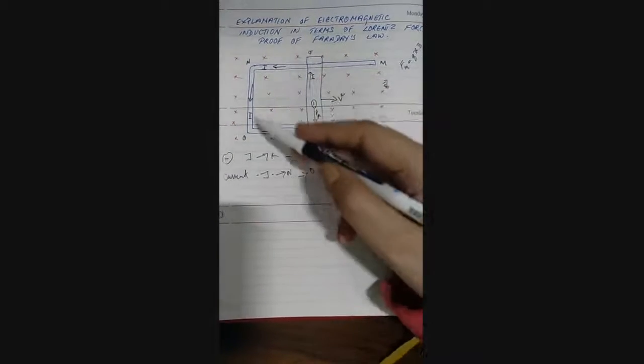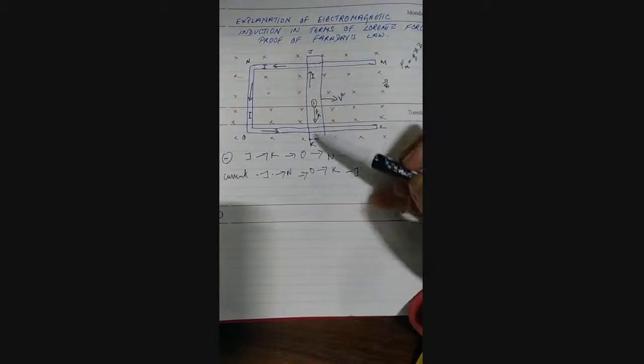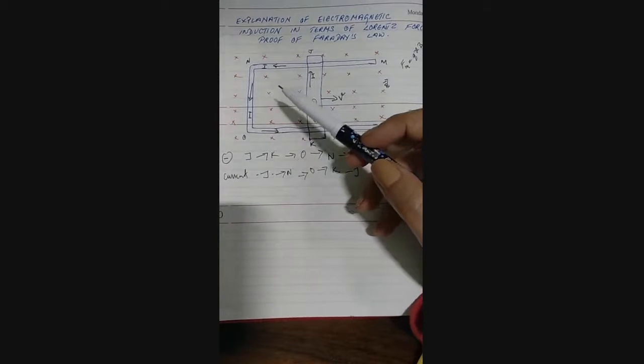So current will flow anti-clockwise and electrons will move clockwise.